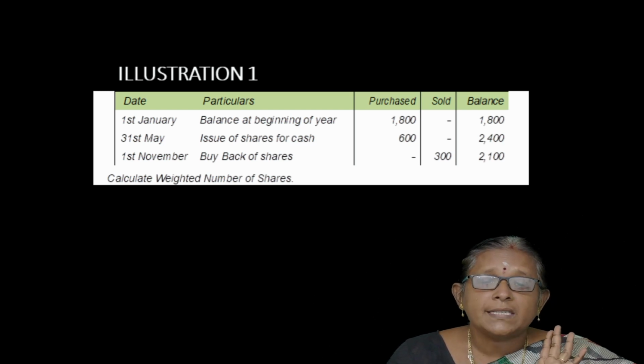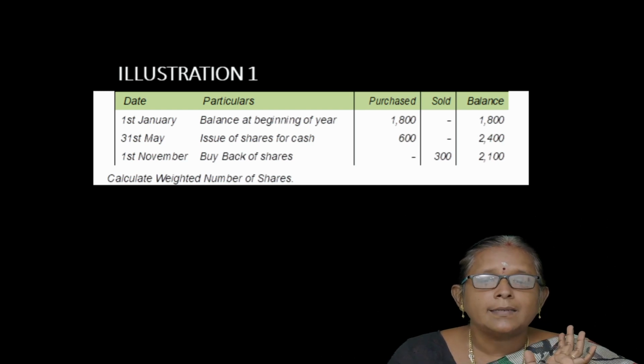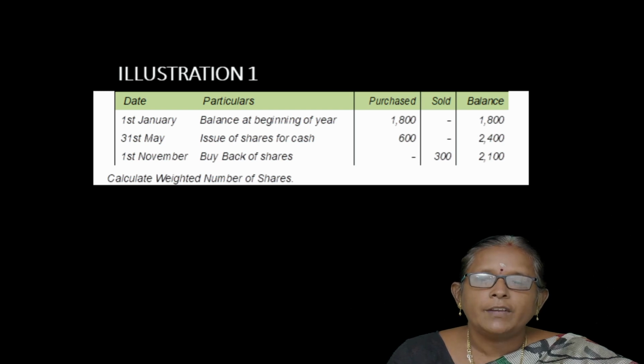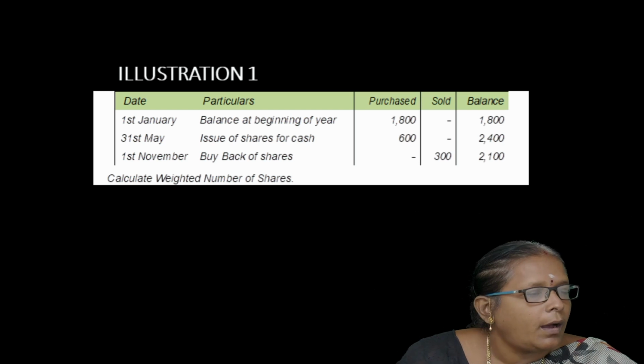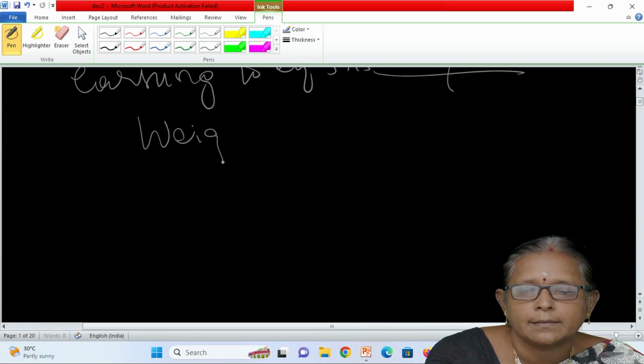Then on 1st November, they have bought back their own shares, that is 300, and they are deleted. That is why we should deduct 300 shares. So 2100 for the remaining 2 months, that is November and December, they have only 2100 shares. Okay. So now I will show you how to find out weighted number of shares.